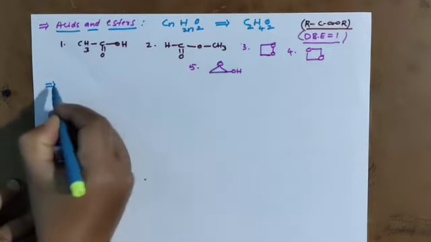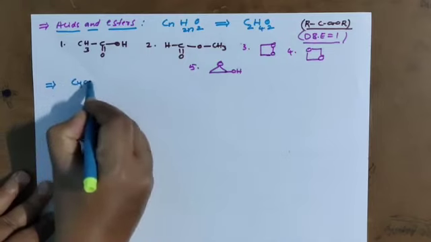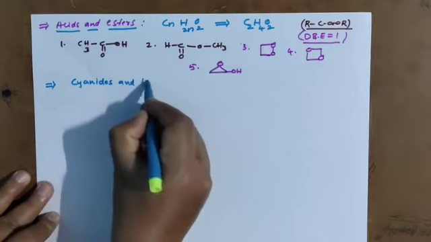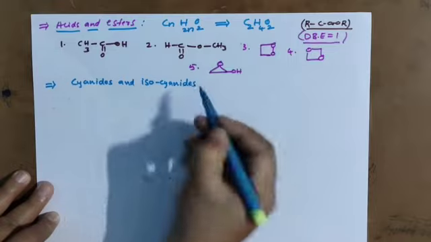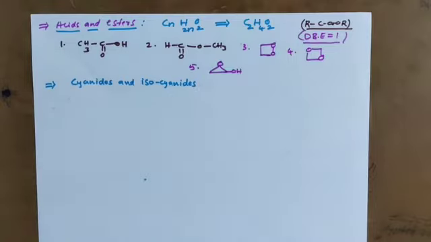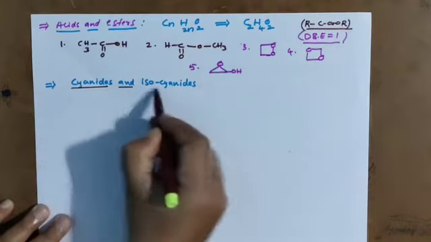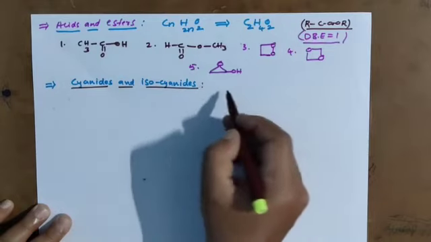Similarly, we have different compounds. Another one is cyanides and isocyanides. Cyanides and isocyanides are also functional group isomers. What is the formula we have?